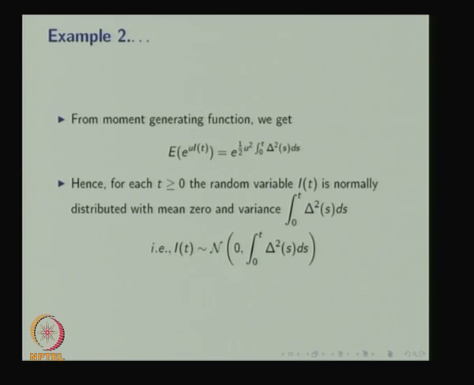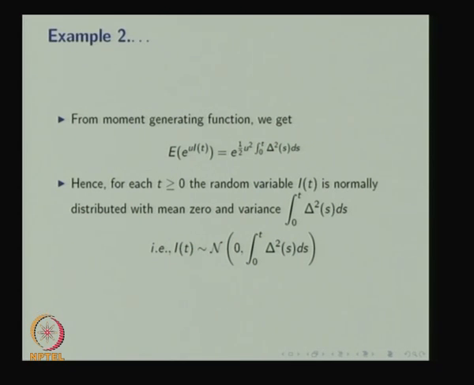Once you are able to find the moment generating function for fixed t, you can compare it with the moment generating function of some standard distribution. Then you can conclude what the distribution of I of t is. Here the moment generating function is e to the power of one half u square times the integral from 0 to t of delta square s ds. This is of the form of the moment generating function of the normal distribution.